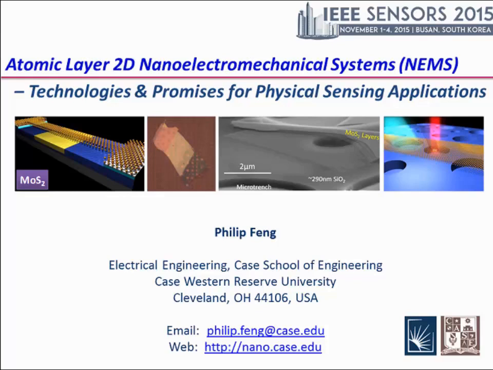It's really my pleasure and a privilege to speak to you here, to talk to you about atomic layer, two-dimensional nanoelectromechanical systems. As you can see here from a gallery of selected device pictures, we take atomic layers, isolate atomic layers from layered semiconductors, basic layered materials of crystals beyond graphene, to make structures, nanostructures, and devices which have both electronic and mechanical degrees of freedom that we can manipulate.